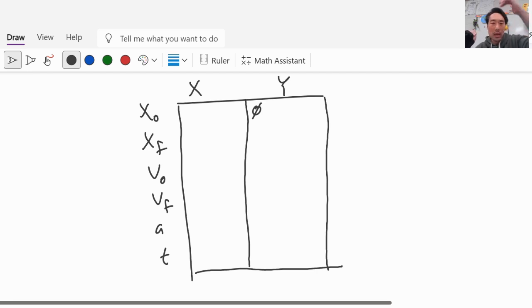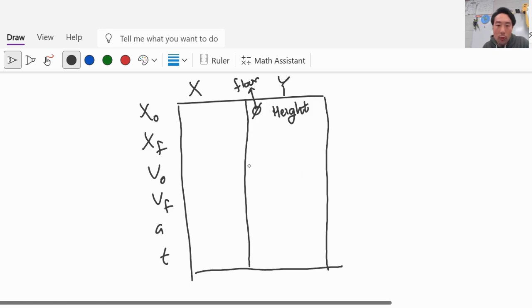It's shot from an initial height. Okay, so look out for that. So I'm going to write the word height. Okay, look for your starting height. XF, if it lands on the floor, once again, floor represents 0, so I should write that there. 0 is usually the floor. Okay, but it's really dependent on what the problem gives you.